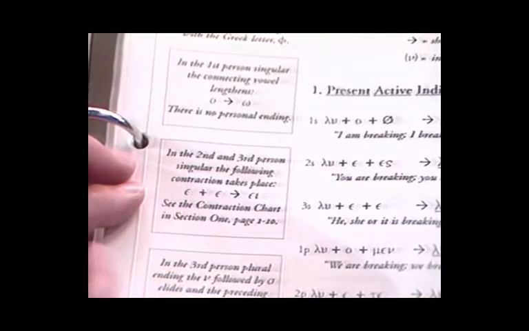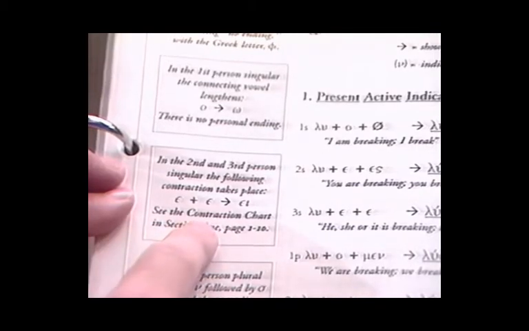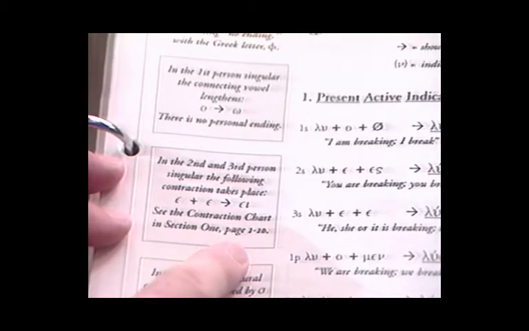A contraction is where two vowels are added together to give a resulting diphthong or a resulting long vowel. And it tells us to refer to the contraction chart in section 1 of our grammar, located on page 111.